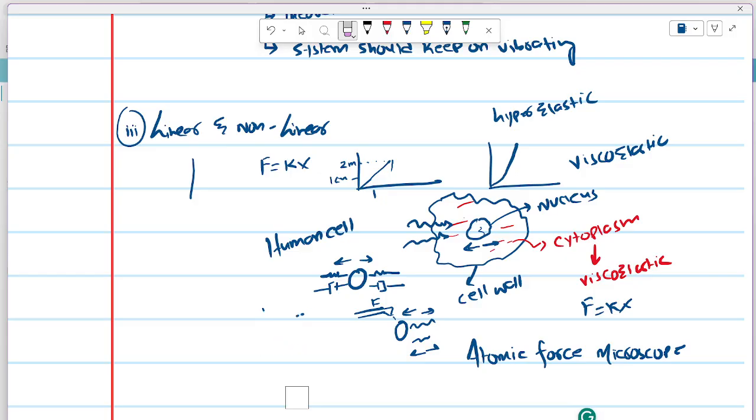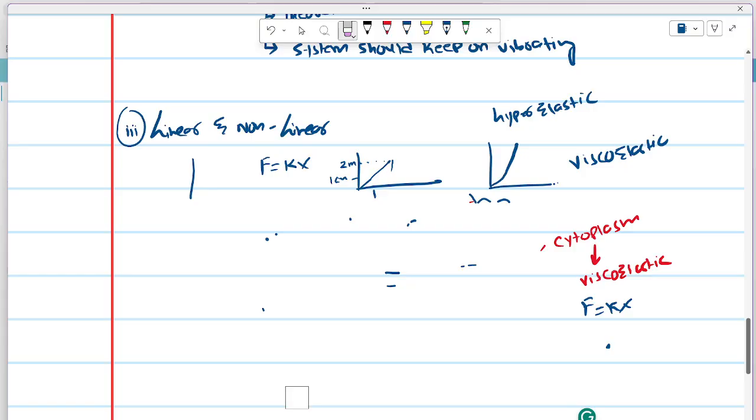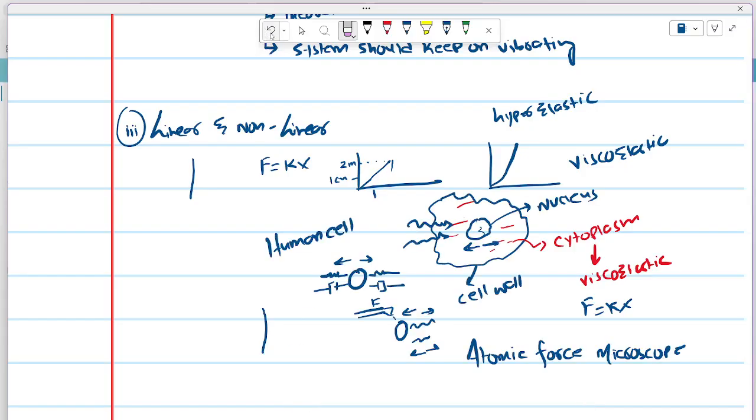So that was just a side note on how you can apply these things and what we mean by linear and non-linear. Okay, and that is linear and non-linear vibration.